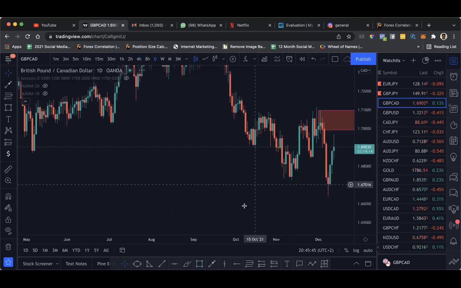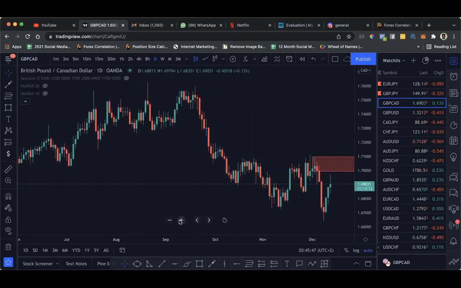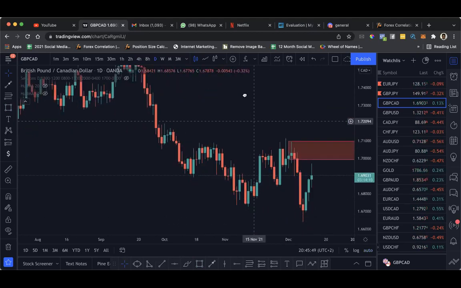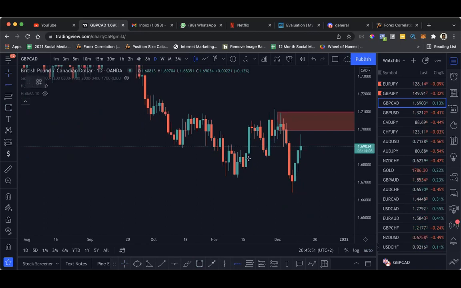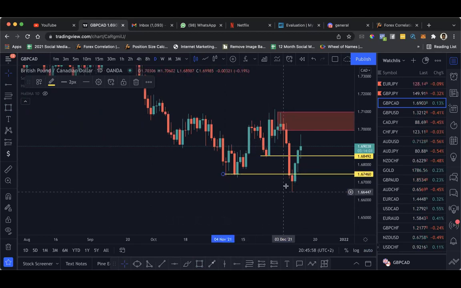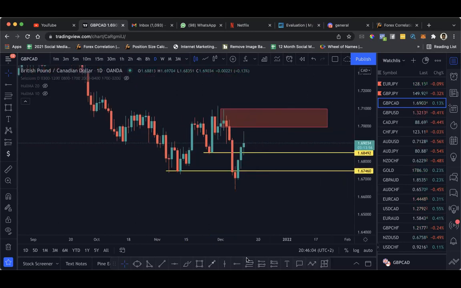So this is the daily chart. We can see that price broke this structure zone. This one was broken. This one was also broken. And then price has to retrace to find a supply zone for the continuation downwards.